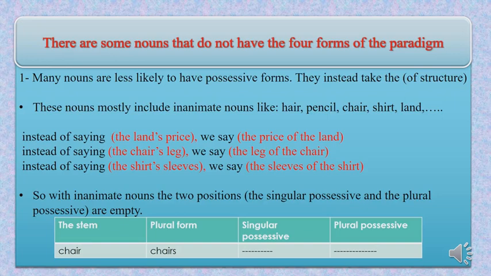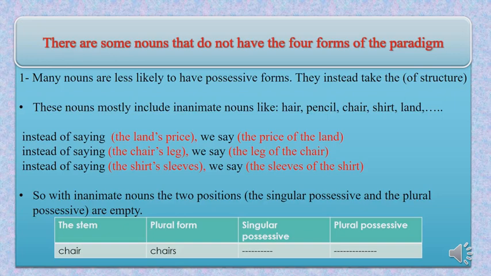For example, hair, pencil, chair, shirt, land, book, sky, tree, etc. The inanimate nouns usually do not take the S possessive, whether S singular or S plural possessive. So they do not have these forms in the noun paradigm.